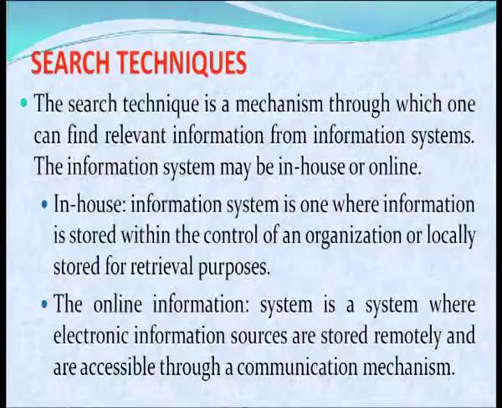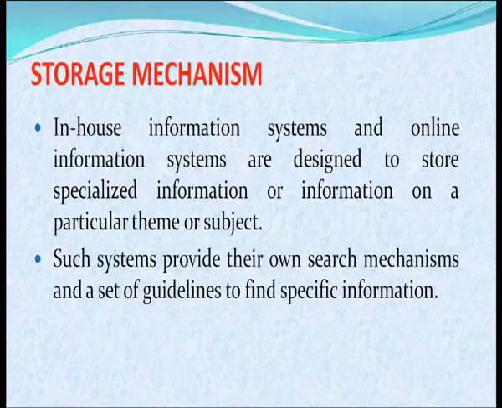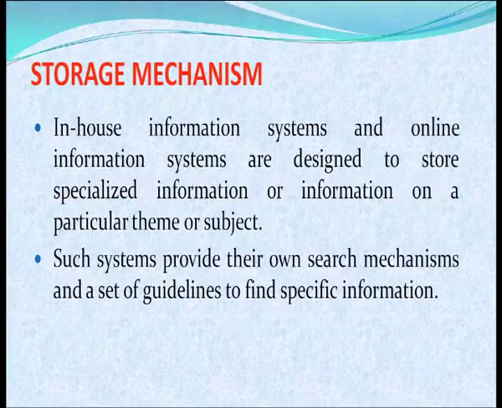Then coming to the online information system, it is a system where electronic information sources are stored remotely and are accessible through a communication mechanism. Now we are talking about the storage mechanism. In-house information systems and online information systems are designed to store specialized information or information on a particular theme or subject.